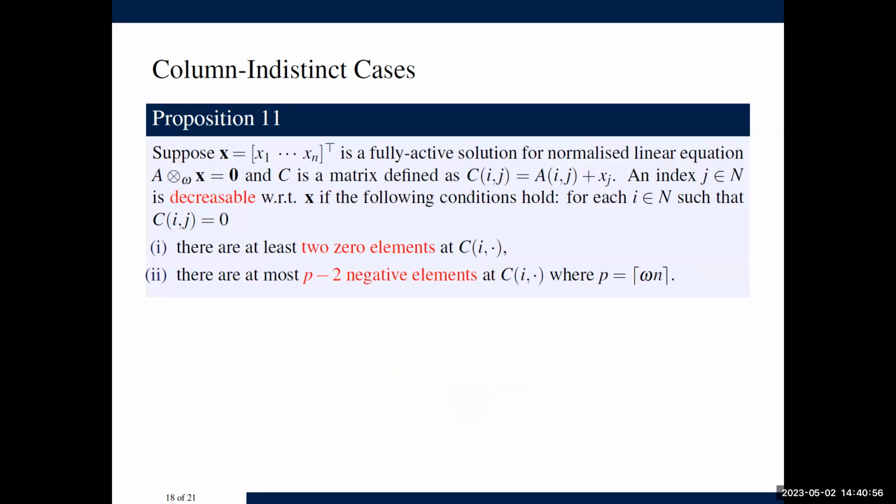And this is the other proposition, where the index is decreasable. The first condition is the same, because we want to reduce the number of zero elements, and zero must always exist in its row. That's why there are at least 2 zero elements.